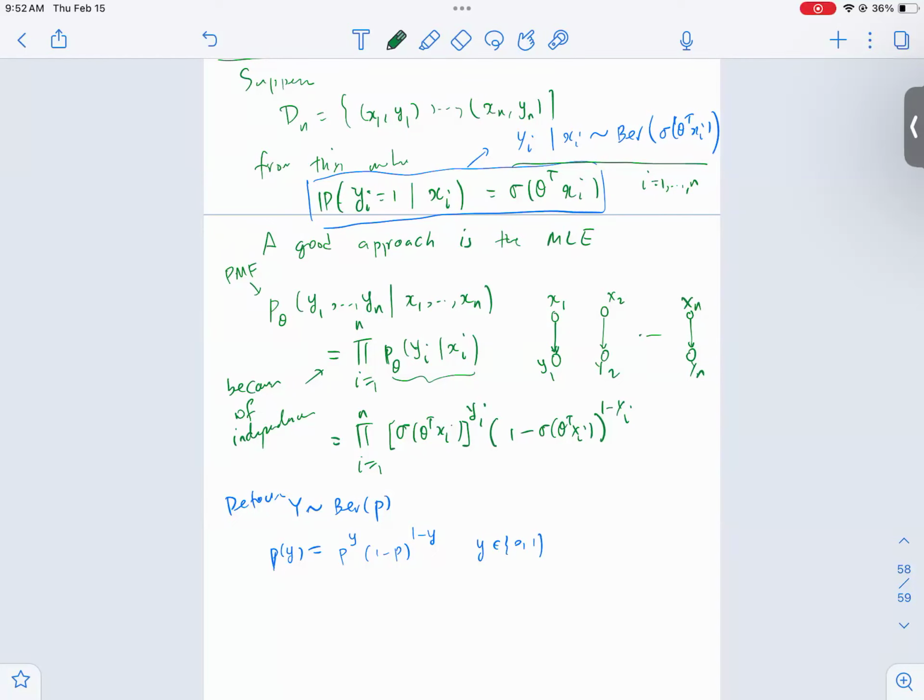So this is just this formula with p being the sigma and y being yi. That's a nice way of writing the likelihood. So this is the PMF.